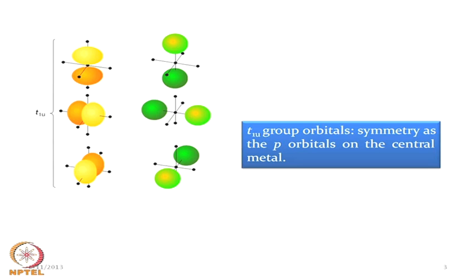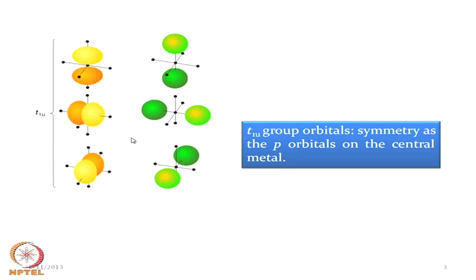But it is not the true picture or the right picture for explaining the metal ligand interaction. To explain nicely the amount of interaction between the metal and the ligand, and to explain the entire spectrochemical series, we should also utilize the p orbitals.